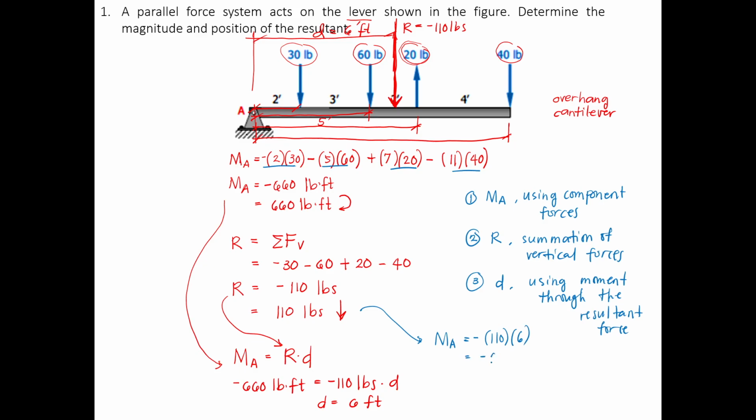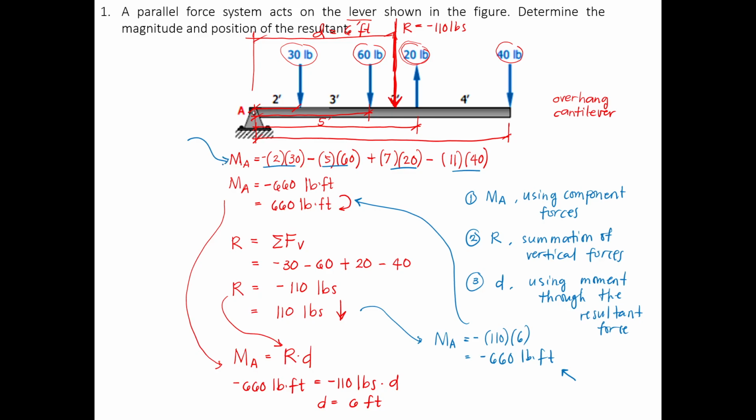So the moment is negative 660 pound-feet, which is the same as the individual components being summed into one big moment. So this one is just using the force and the distance of the resultant force.